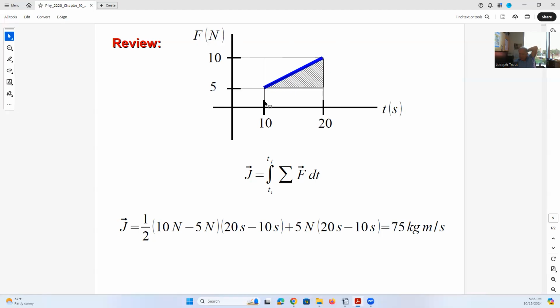Then add in the area of the bottom rectangle, which is 5 newtons times 20 seconds minus 10 seconds, and we end up with 75 kilogram meters per second. You might notice that this is the same units as momentum, and the impulse in this case is equal to the change in momentum.